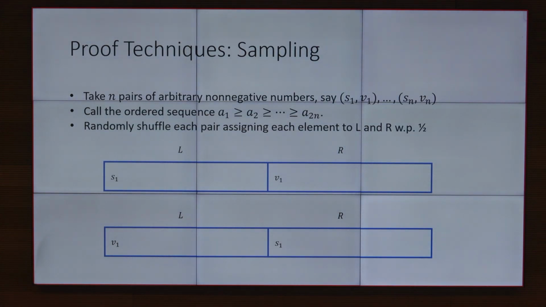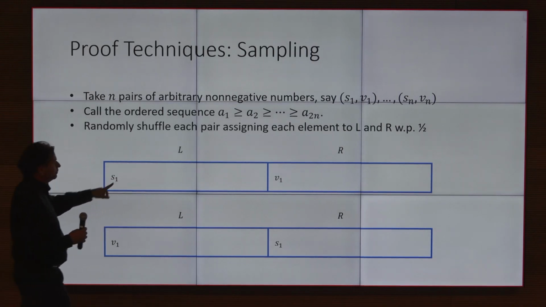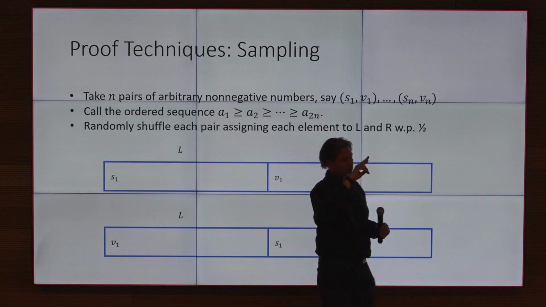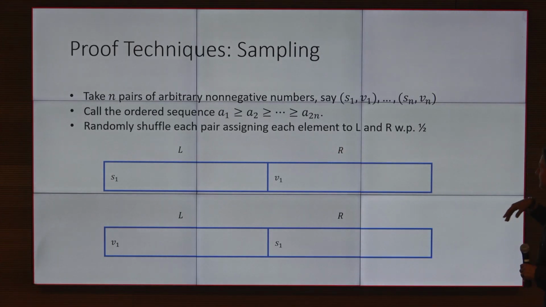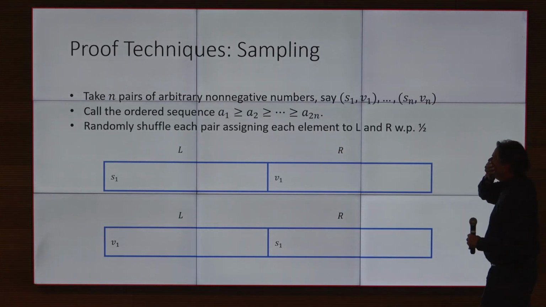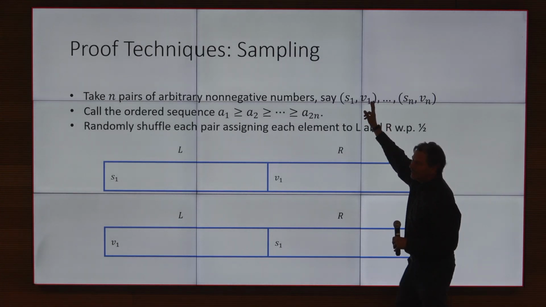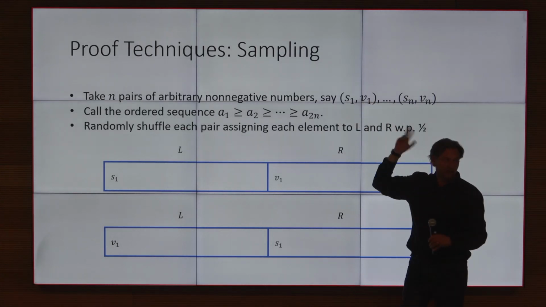Okay, so let's try to do it. I will give the idea only of the proof, but it's not very complicated. We have our pairs of numbers. Let me call them S1 v1, S2 v2, and so on. I will actually randomly assign them, like I will flip them at random.